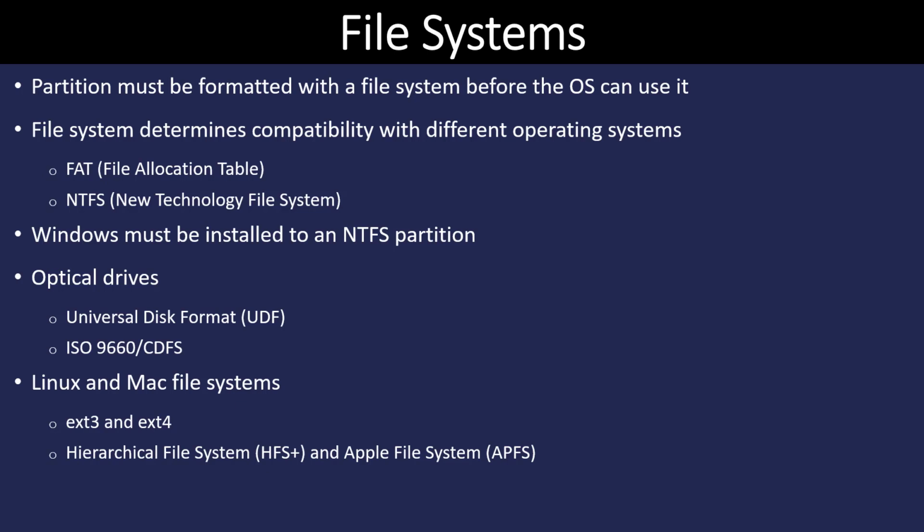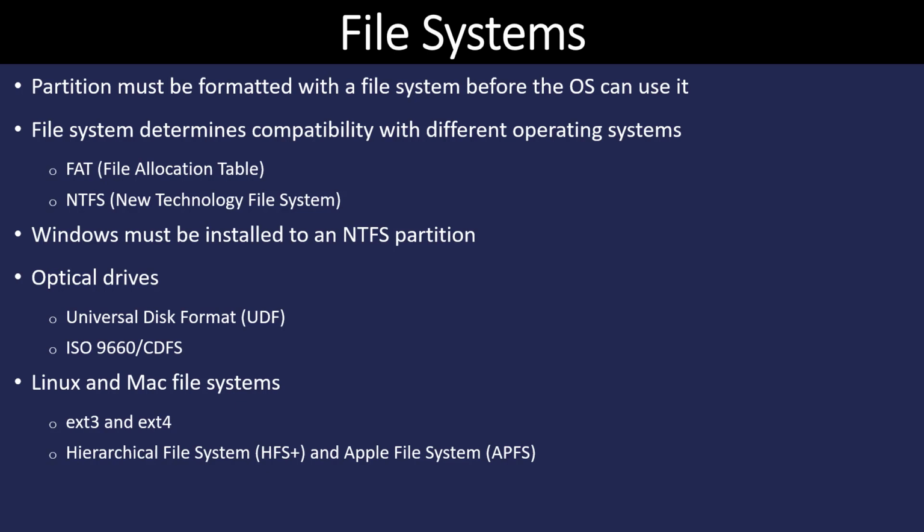Windows, Macs, and Linux all use different types of file systems. One thing they all have in common is they can all read FAT, which is what you would find on a flash drive. FAT stands for File Allocation Table. There are 3 varieties: FAT, FAT32, and exFAT. Windows uses NTFS, which stands for the New Technology File System, and Windows has to use that.